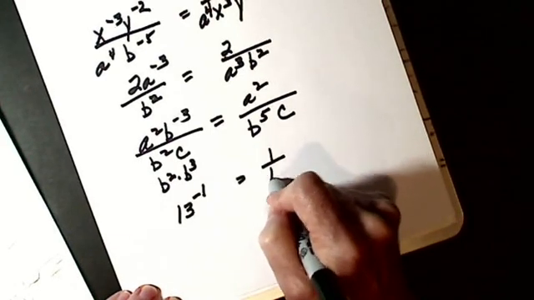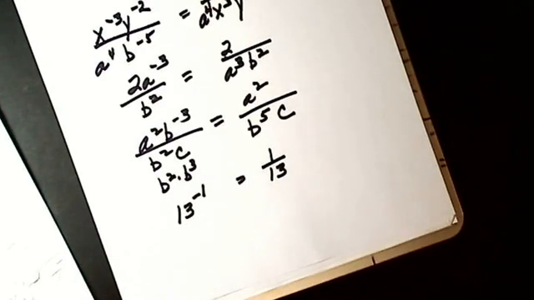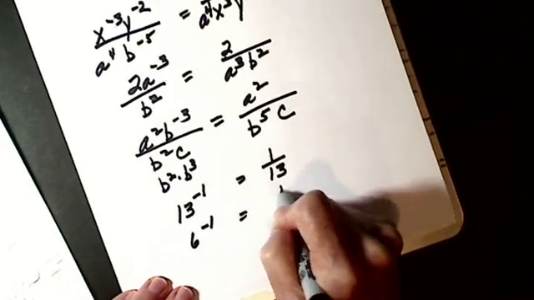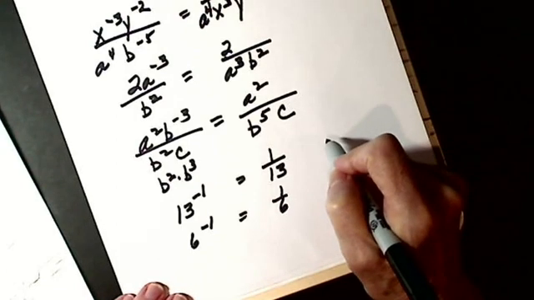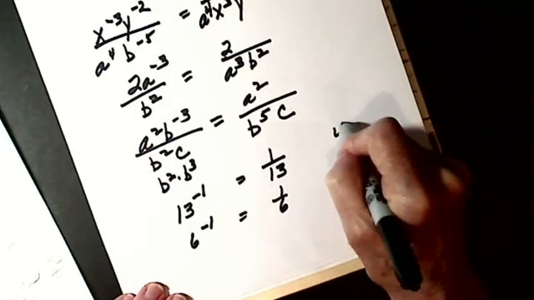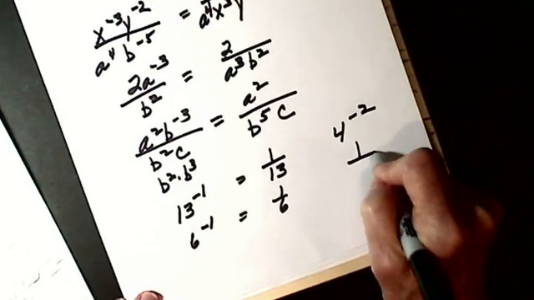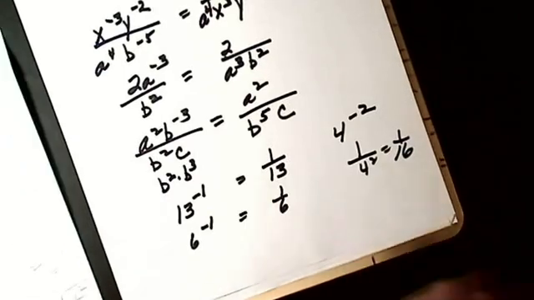It would have to be 1 over 13. In other words, this becomes a denominator, so you have to put 1 over. Let's say I have 6 to the negative 1. It's got to be 1 over 6. Let's say I have 4 to the negative 2. That's going to be 1 over 4 squared, which is 1 over 16.